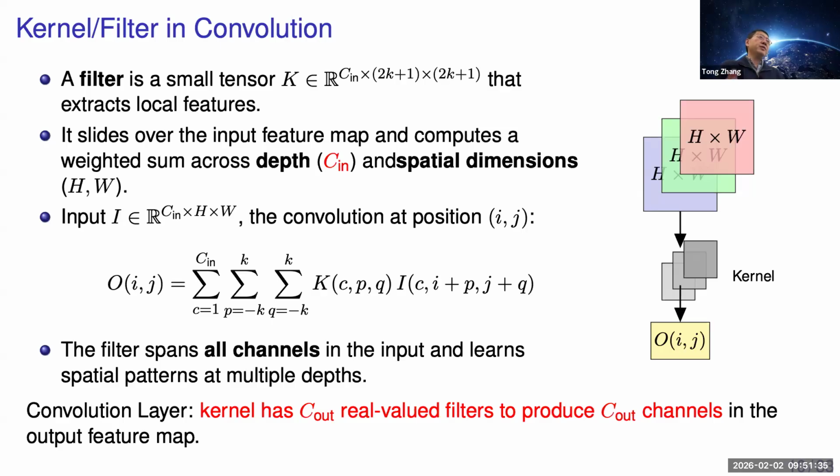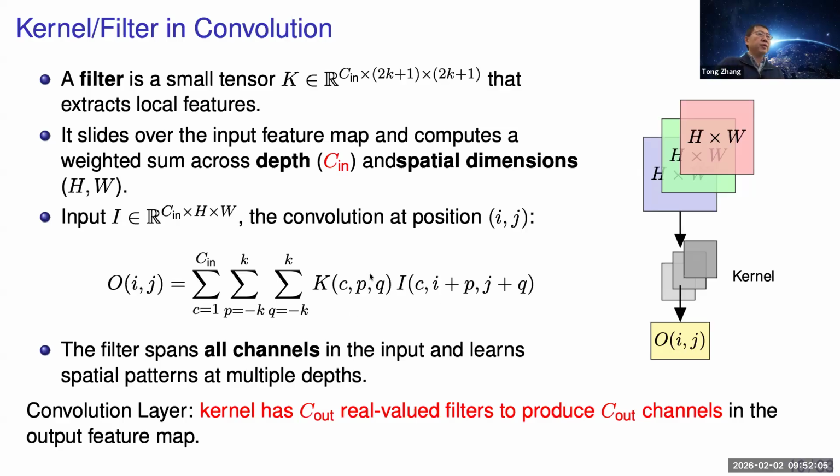So basically you have 9 times C in times C out parameters in total. It becomes a matrix, and this kernel will produce C out filters to produce the output. So this is basically how the convolution operation works. Mathematically, it maps the image with C in inputs, using a small linear operator around the kernel, to an output.